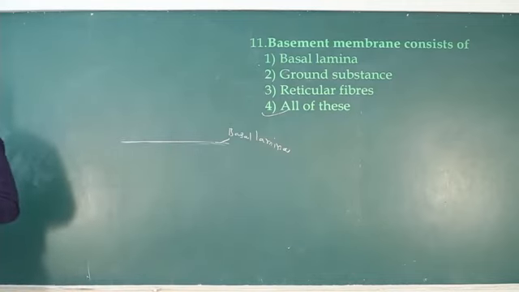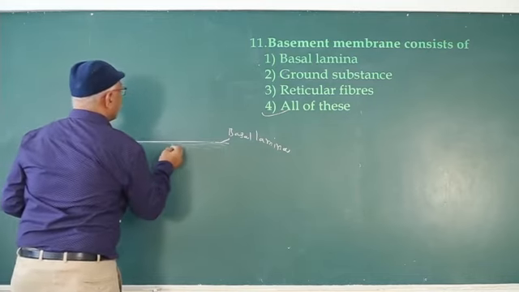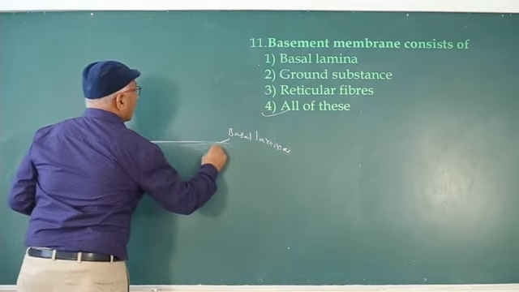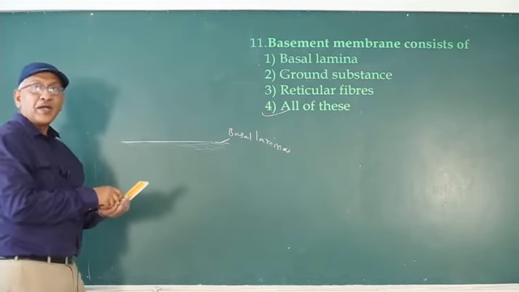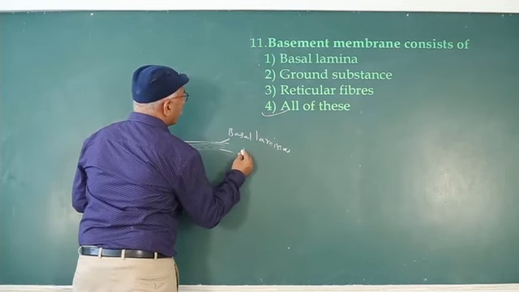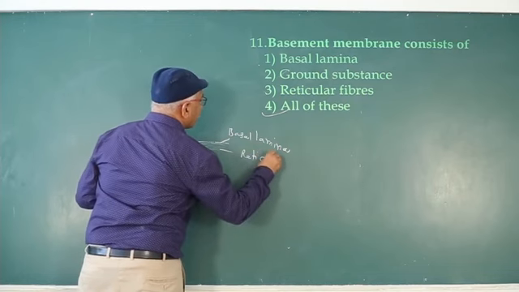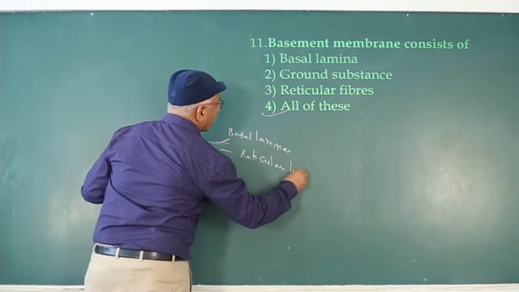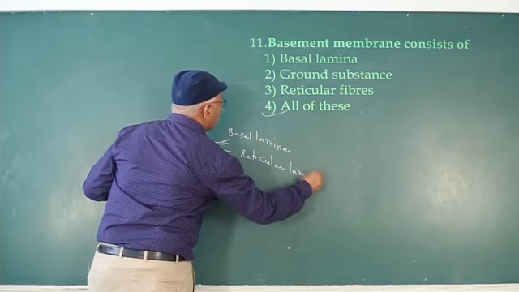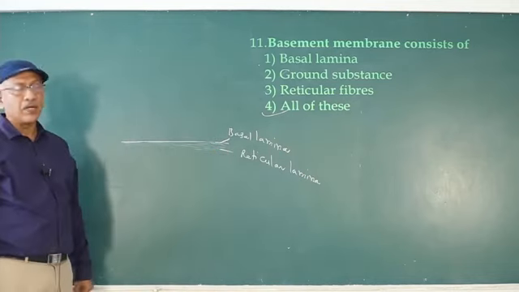Below the basal lamina, reticular fibers, or reticular lamina. Reticular lamina is nothing but reticular connective tissue. Basal lamina and reticular lamina together are known as the basement membrane.